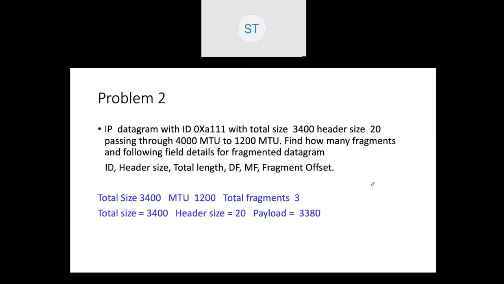An IP datagram with ID 111 with the total size 3400. Header size 20. Passing through MTU 4000 to 1200. Find the fields: ID remains same, header size remains same, total length, DF remains same, MF and offset.